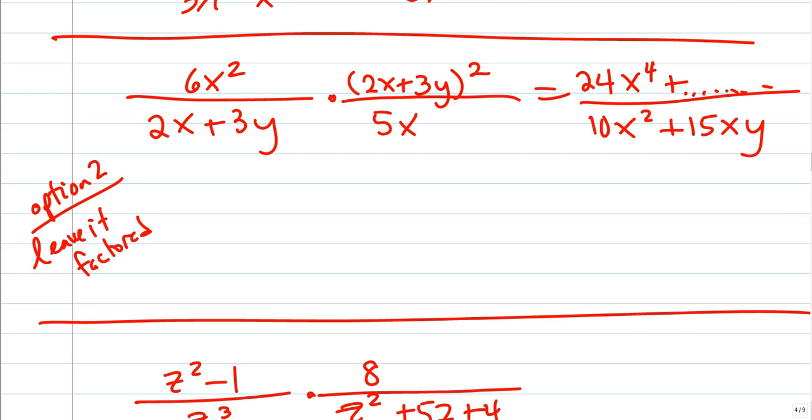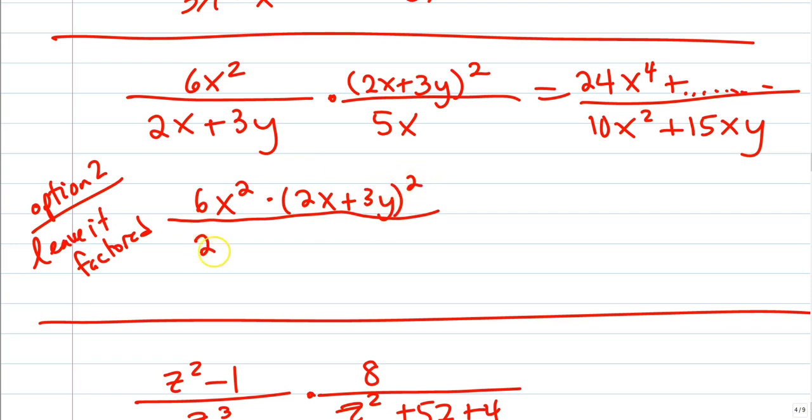Not a good choice. Okay, so then what would I do with option 2? Well, I would treat it as one big fraction with 6x squared times 2x plus 3y squared on the top over 2x plus 3y on the bottom times a 5x. And what I can do now is start canceling things.